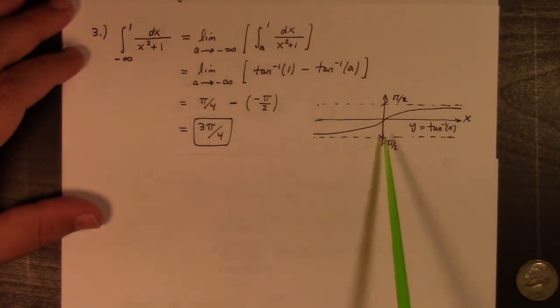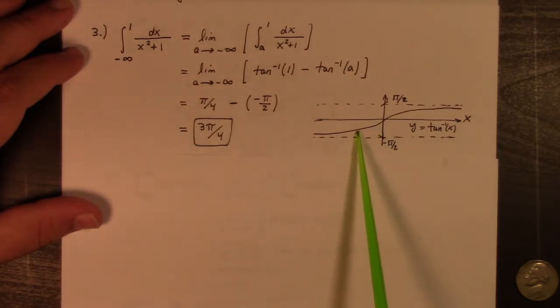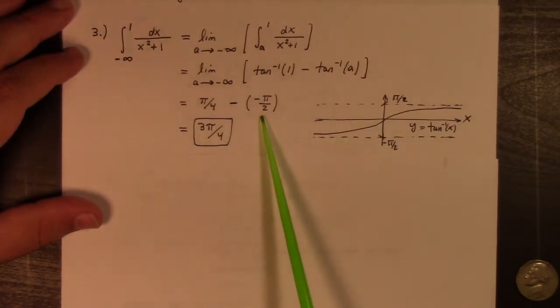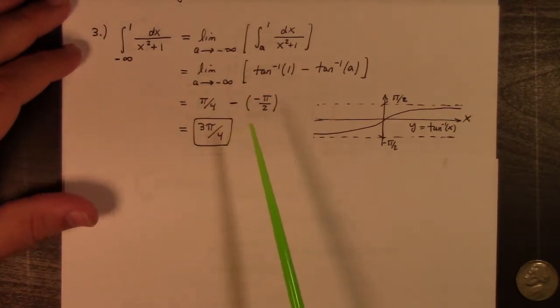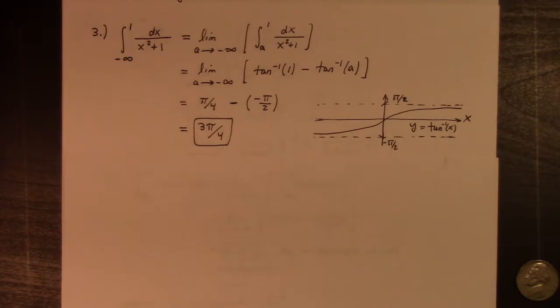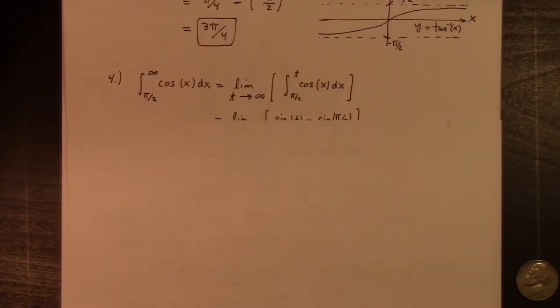But anyway, there's the graph of inverse tangent. As you can see, as a goes to minus infinity, we go to minus pi over 2. But then the minus gives me plus, and 1/4 plus 1/2 is 3/4. So there you go. All right, let's go on. In fact, the area was finite in that example.